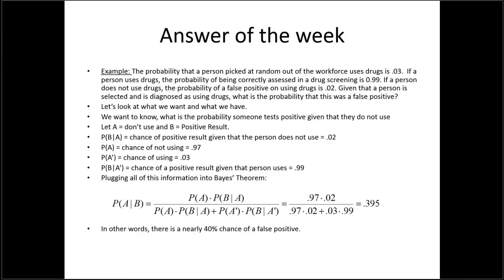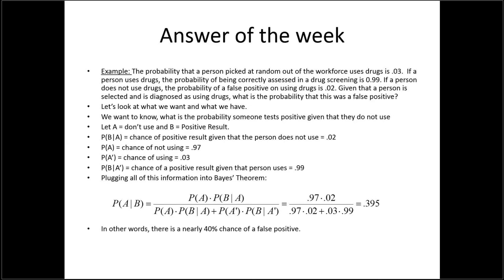Okay, so let's look back at our example here. I think this will make more sense once we put some actual numbers into it. So let's break down the information we have. We could assign it either way, but in this case, let's say that event A is that they don't use, and event B is that they have a positive result.